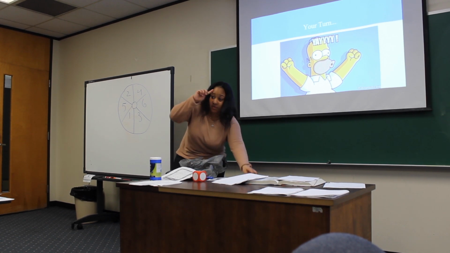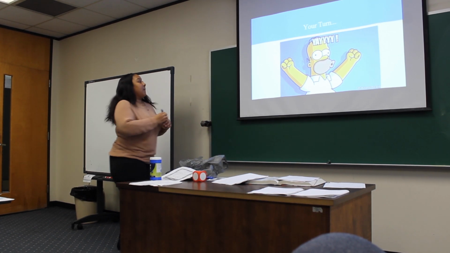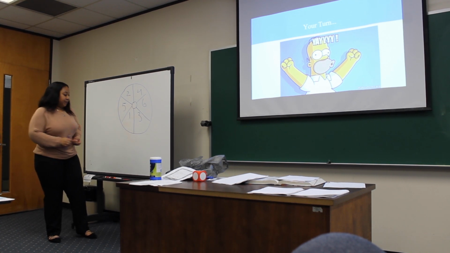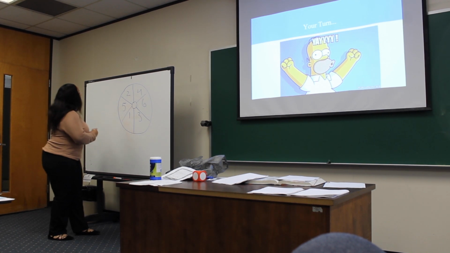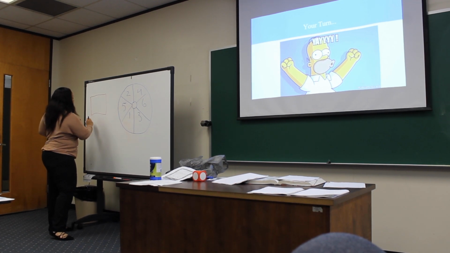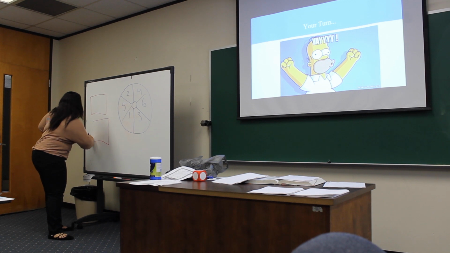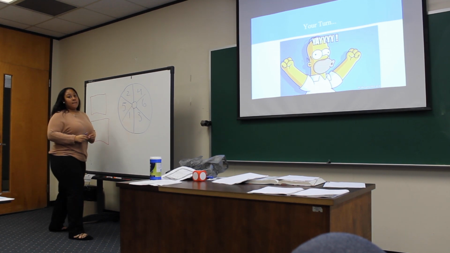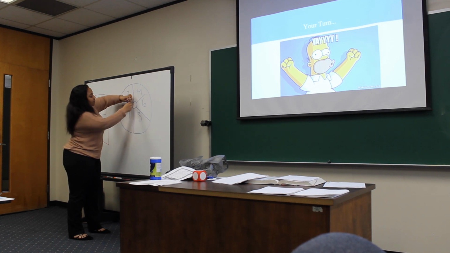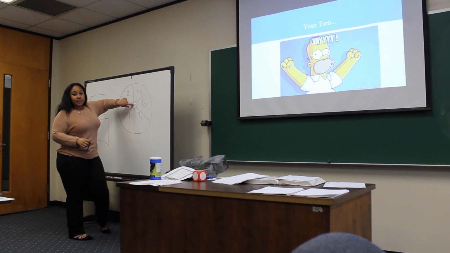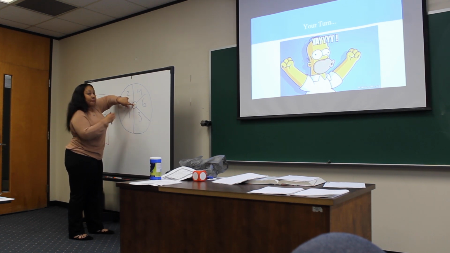Okay, it looks as if everyone is just about finished. So, now what you do. You will draw 2 rectangles on your paper. Place your paper clip in the center of your spinner.